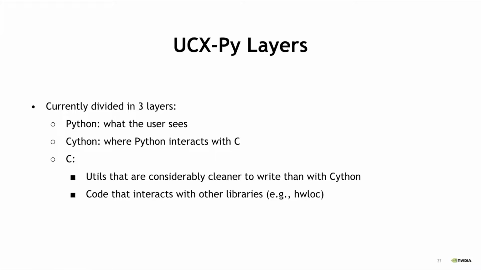And some parts of code that interact with other libraries, such as hwloc. So today we have only a topological distance calculation there in C, but since there is some effort in UCX to bring that to life directly there, we will probably eventually deprecate this and just rely on the pure UCX implementation.